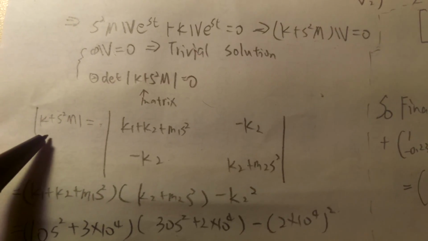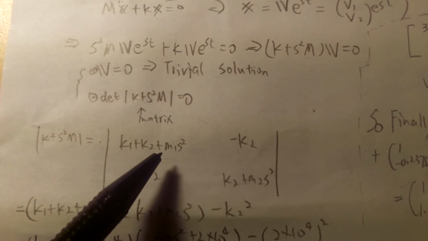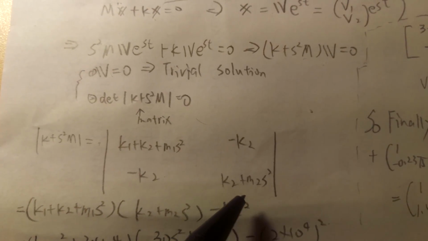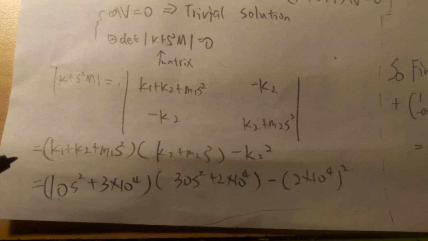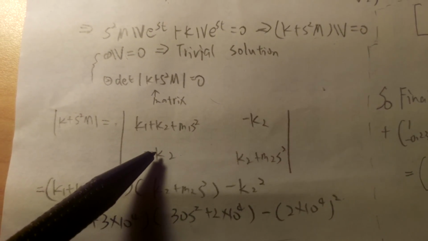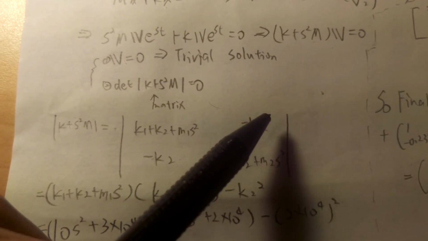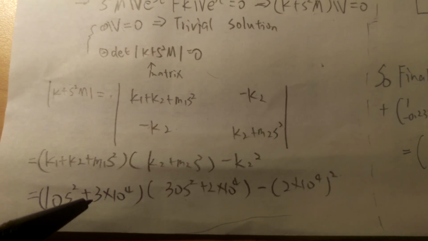So k plus s squared m equals the matrix with k1 plus k2 plus m1 s squared and k2 plus m2 s squared, with minus k2 here. Then we just use this times this and subtract this part times this part, so we can get this equation here.